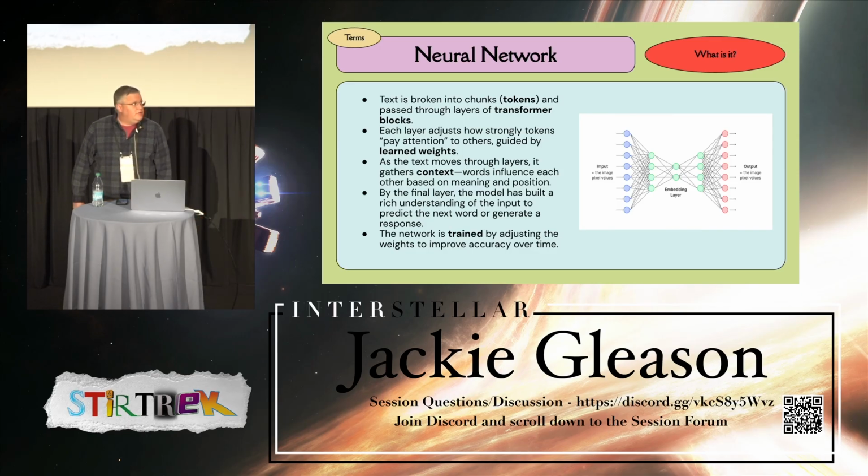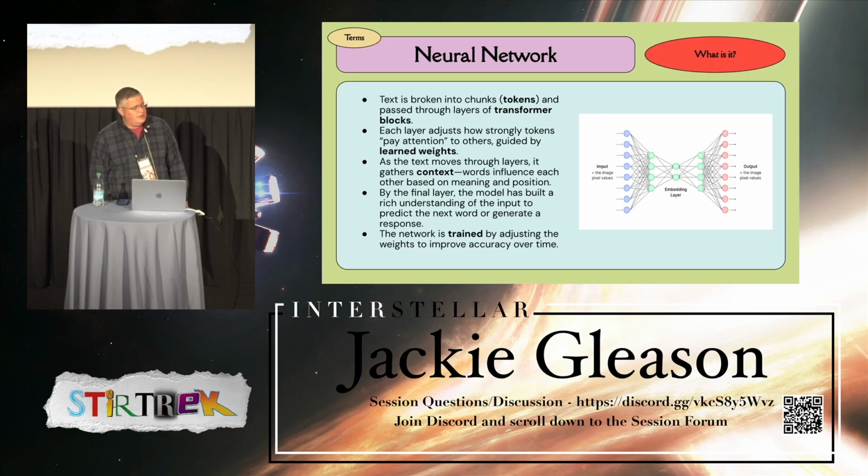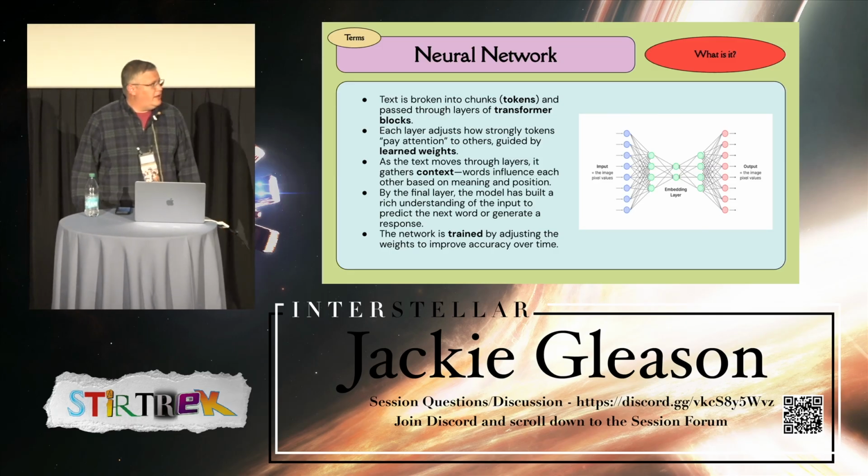All right, how do we do all this? How do these get created? Well, I'm sure most people that have been interested in LLMs have learned a little bit about neural networks, so I won't spend too much time here, but I just wanted to go over it for those that maybe don't have as deep of an understanding, because a lot of this will set up for talking about how the embeddings are actually made.